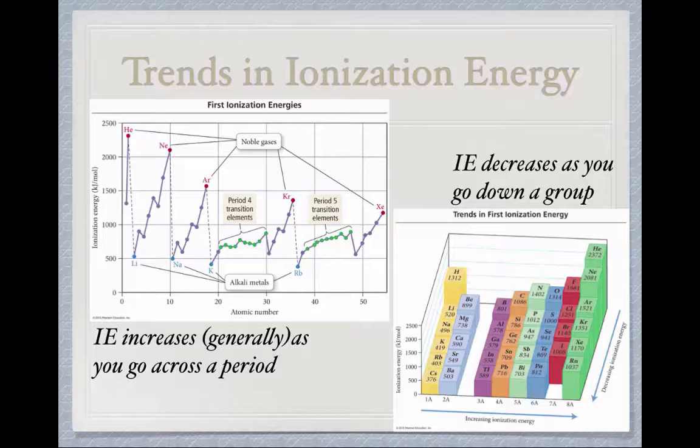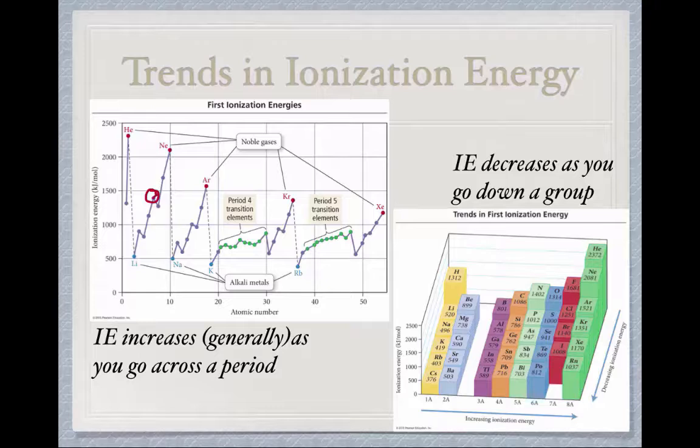And then we come up here to nitrogen, and there nitrogen is a little bit higher than anticipated, and the reason is because we've got a half-filled subshell there and really don't want to remove an electron from it.